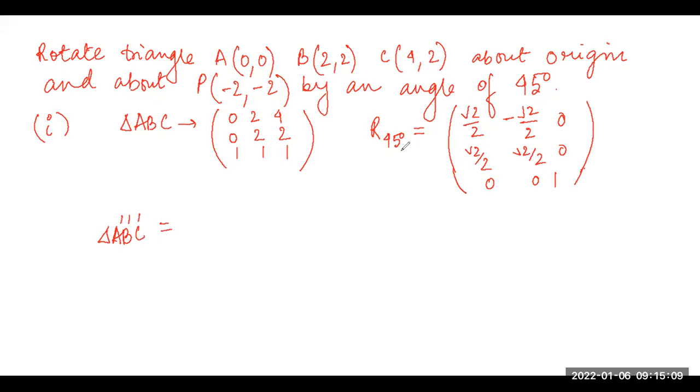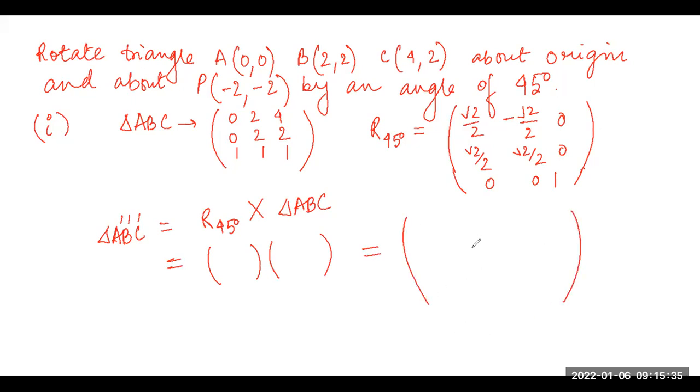This rotation matrix I will apply on my object matrix, right? So first I will write this matrix, then I will write this matrix. What I get by multiplying the two will give me the new object matrix. So the new object matrix, the lower side will be all 1 and on the upper side some values will come.